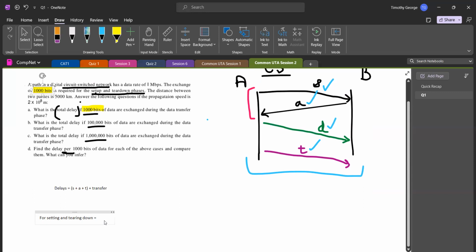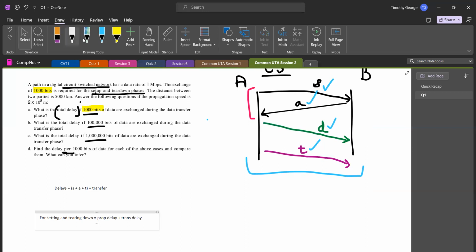If you remember, in yesterday's class we discussed how to calculate transmission delay and propagation delay. Propagation delay is based only on the physical distance, so we have propagation delay plus transmission delay. What is that equal to?